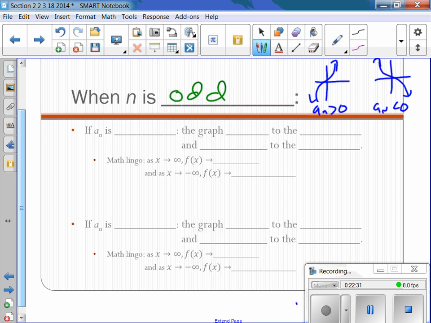So if a sub n is positive, greater than 0, what's going on? What is it looking like? This one or this one? First one here. So what is happening on the left side?